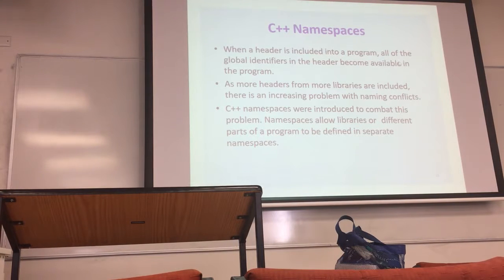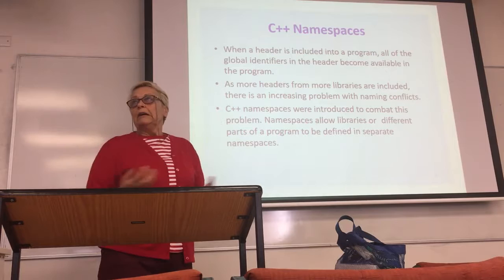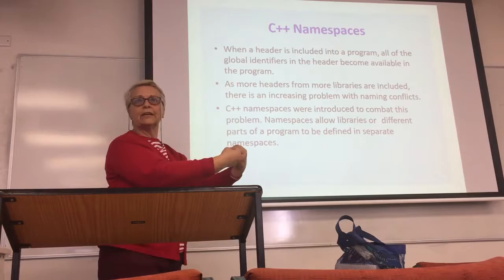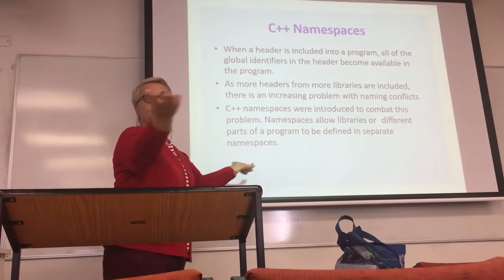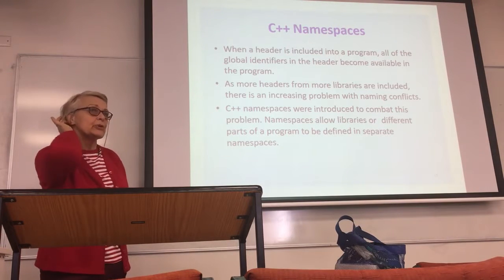C++ namespaces are a method to partition the global space in which many things live, in order to allow us to reuse names. Different library providers have the tendency to use the same name, like print or size. If you use two different libraries and you have the same name, size, the compiler gets confused and doesn't know which size you mean to use.